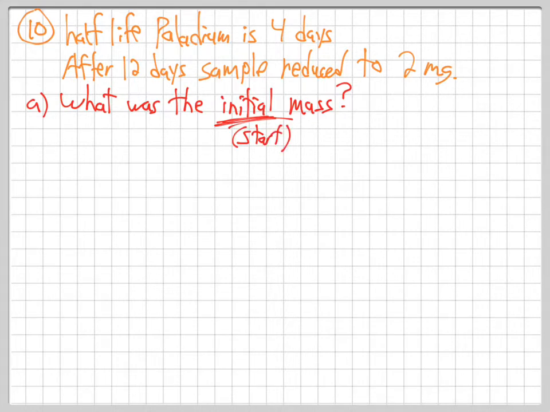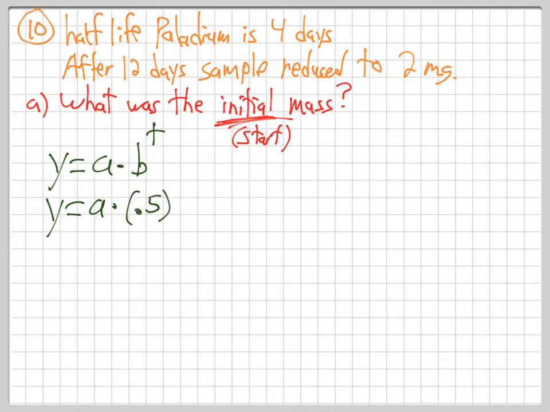Well, we're going to use the equation y equals a times b to the t. The starting amount we don't know. The b is the half, right? So 0.5 to the t over the half-life. And so what is the half-life? 4 days. So there's our formula.